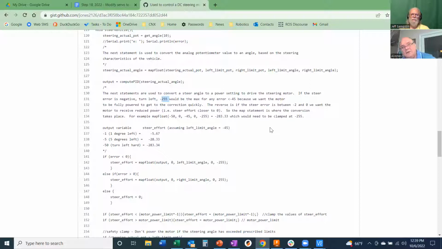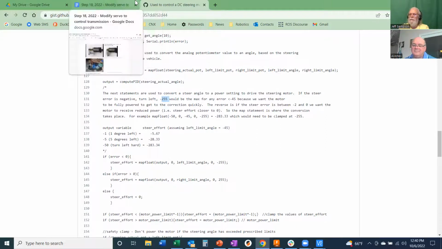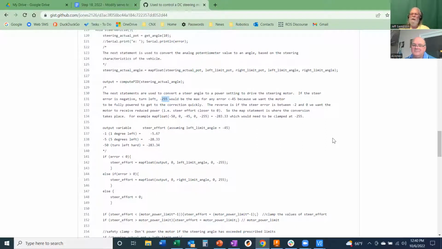And if you were only 1 degree off, would you still want to give the motor full power? Well, again, it's going to give it whatever power that proportional gain is telling it to do. So if you back your proportional gain off, no, it's probably not going to give it full power. It's just that the further off you get from the set point, it's going to give it more and more power until it saturates.